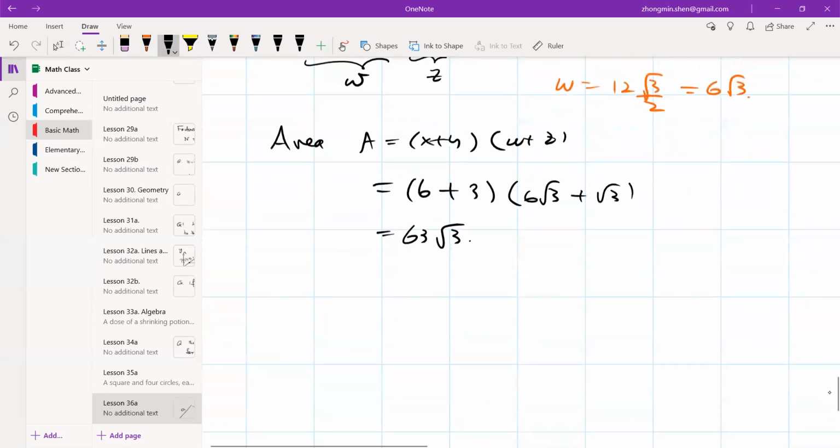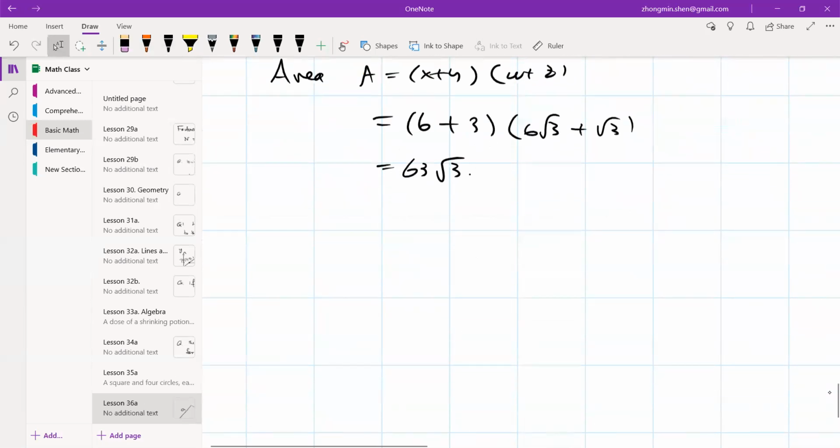Okay, let's look at this again. I have a triangle, right? That's a 30 degree angle, that's a 60 degree angle. This is A, that's B, that's C. Then I duplicate it, with a 60 degree angle and a 30 degree angle.